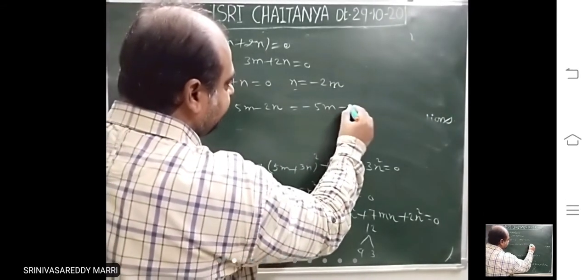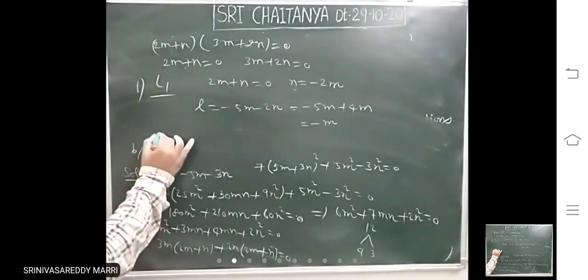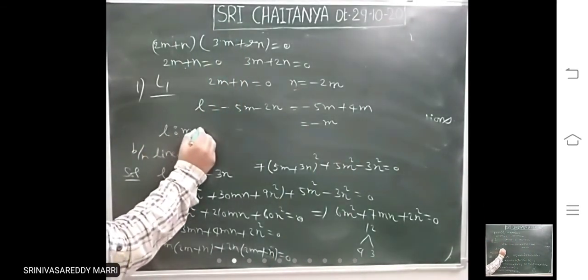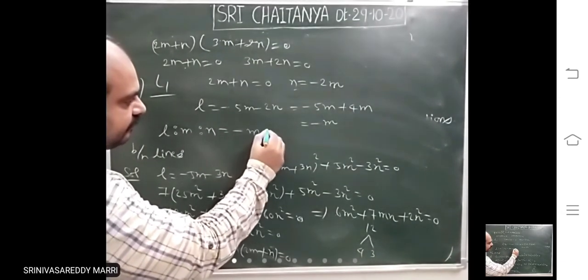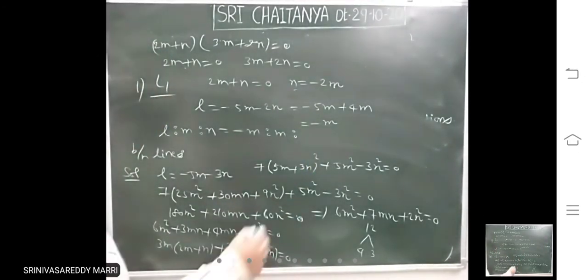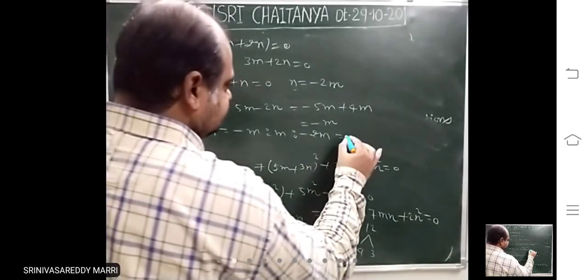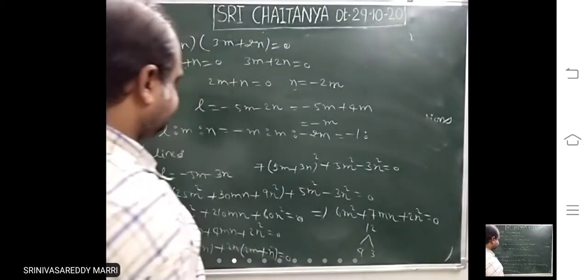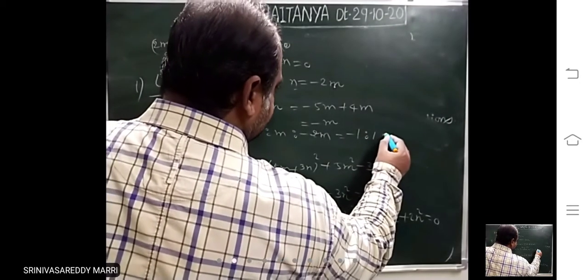So minus 5m plus 4m, that is minus m. Now calculate l is to m is to n: minus m is to m is to minus 2m, that means minus 1 is to 1 is to minus 2.